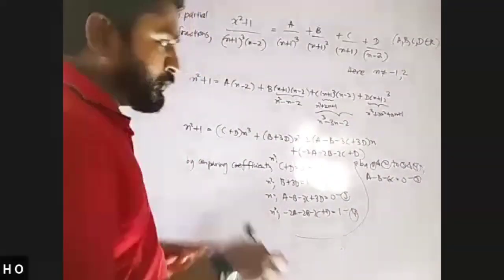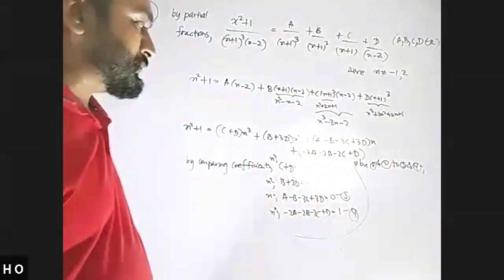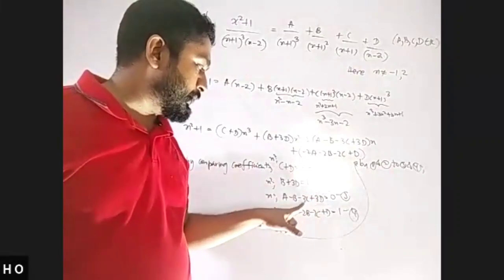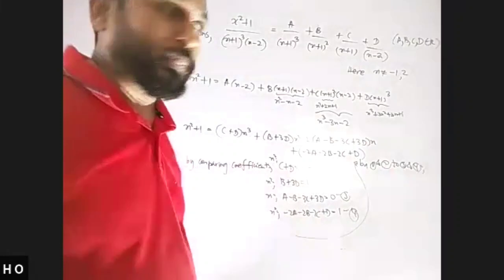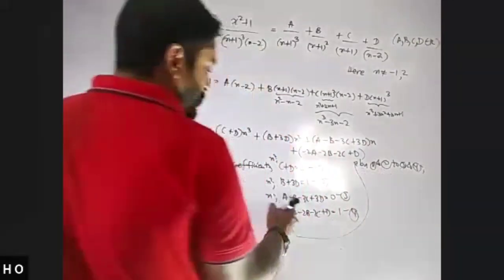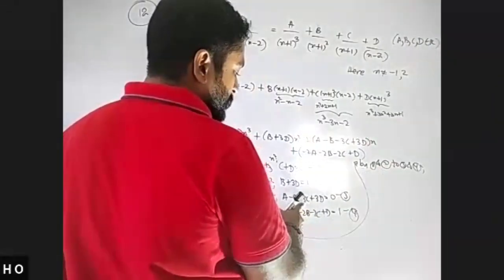It is not to go like this, but this is better. Let us put C in terms of D and B in terms of D. Then you can solve for A and D. That is better. C is minus D, so it is plus 3D.